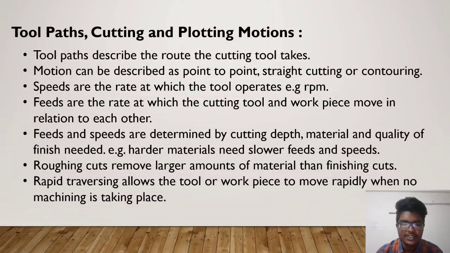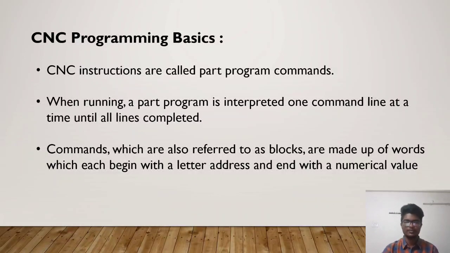Rapid traversing allows the tool or workpiece to move rapidly when no machining takes place. So the faster feed gives a rough cut, the slower feed gives a smooth finish, is what they're saying through these points.